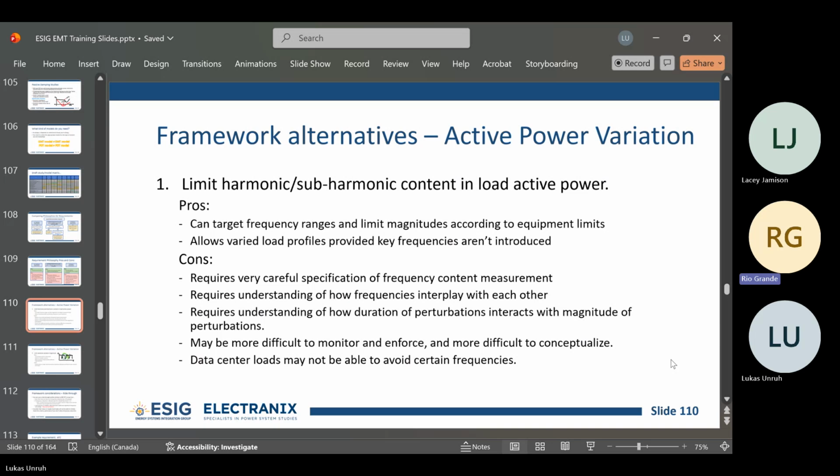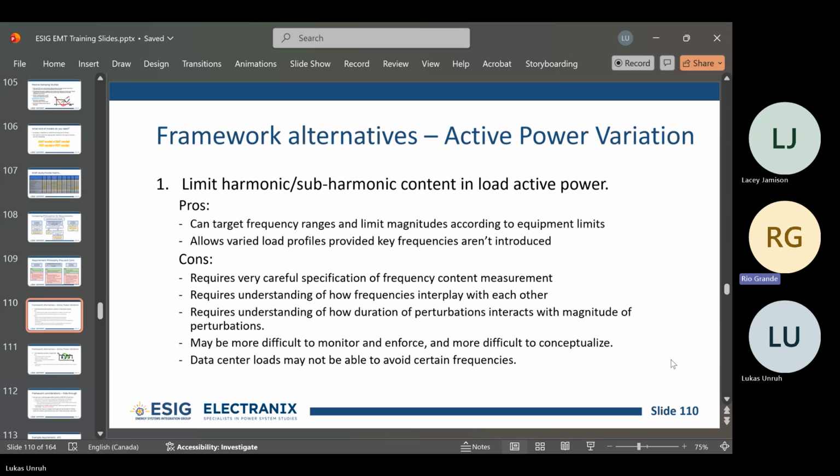It requires very special, careful specification of that frequency content measurement. We have to say, maybe using an FFT, probably an FFT, and we have to bin it in certain frequency groups, and we can have some nuances there.